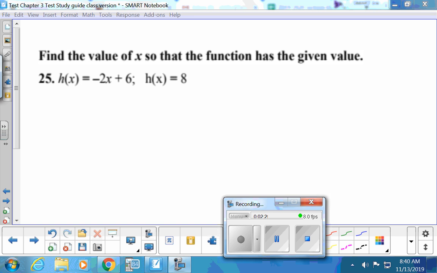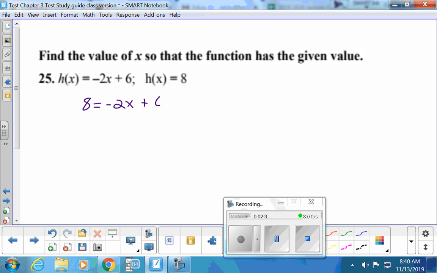Alright, so you do 8 for the y equals negative 2x plus 6. And then you're going to subtract the 6 from the 8. Subtract the 6.